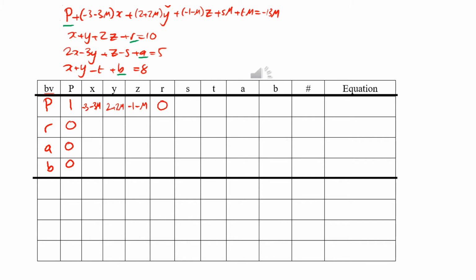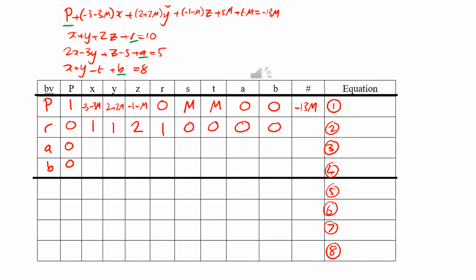And then the rest of them get a little bit easier. So we've got no r's. We've got m lots of s. We've got m lots of t. No a's, no b's. And minus 13m as our value. And that's our equation 1. Suppose I could label up my equation straight away. And then we'll do the same for the other ones. So we've got x, y, 2z, r is equal to 10.